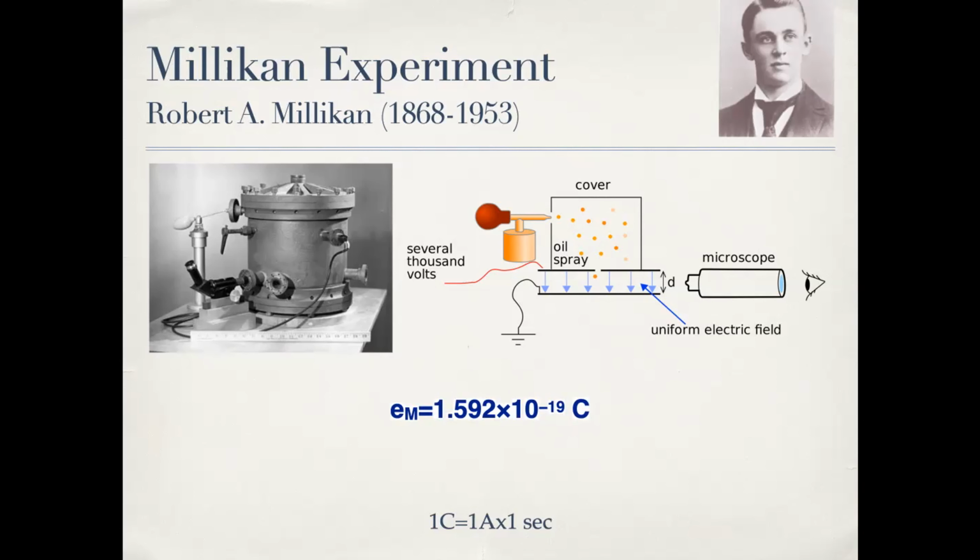Coulomb is a unit of the electric charge. And at the time of the Millikan experiment and until last year, the Coulomb was defined in a complicated way, because the Coulomb was defined as the amount of electricity carried by a steady current of 1 ampere over the time of 1 second.